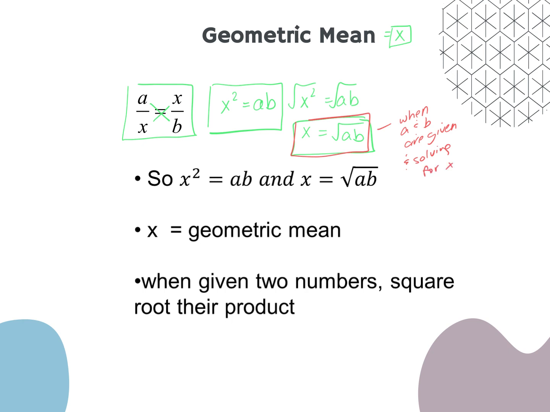I might utilize this other method when x and either A or B is given, and I'm solving for the other letter, A or B. So I use it depending on the different scenarios.